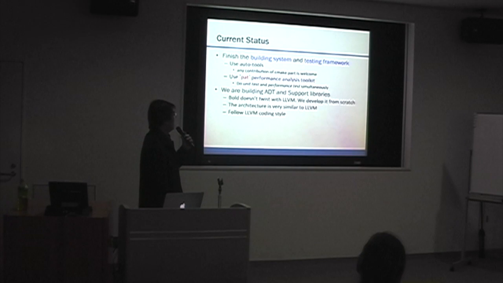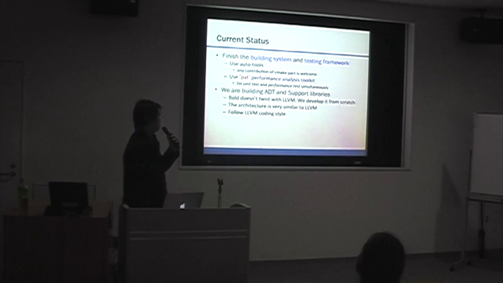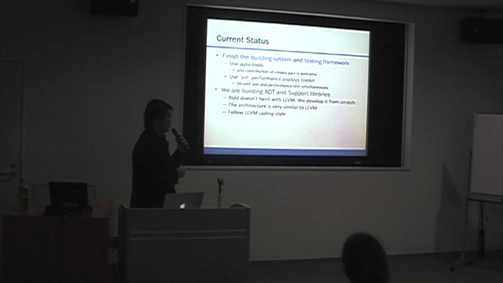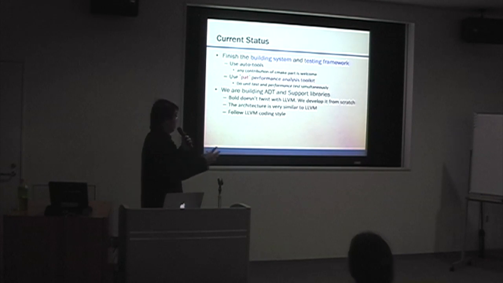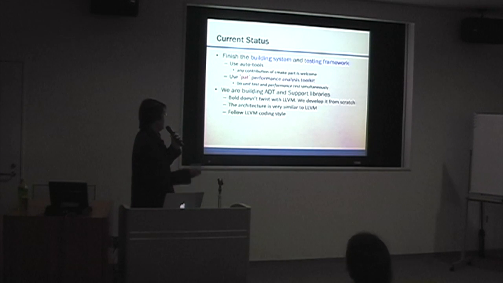Unlike NCLinker, Bold is written from scratch, so we don't tie it to LLVM. This can help other groups like the Fedora or BSD group port Bold to their environment more easily. But the architecture is very similar to LLVM. We are following the same coding style.